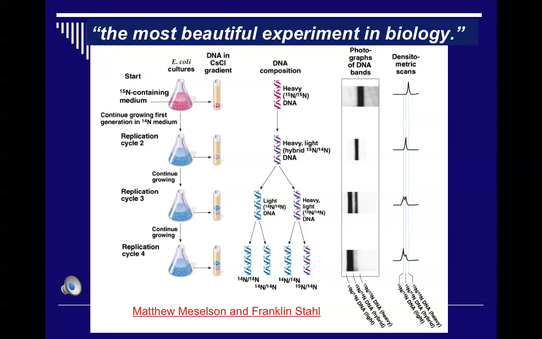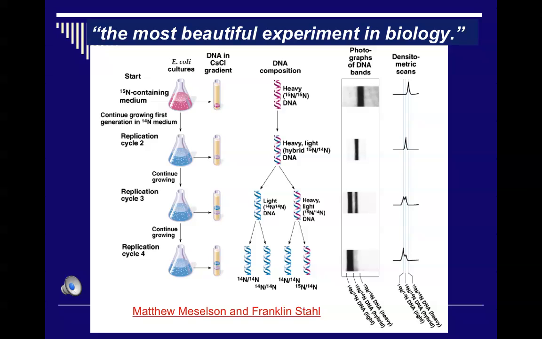We can take photographs of it. That's what the band pattern is. And we can also scan that band with another kind of photographic material or instrument and sort of graphically depict the width and the density of that band of DNA in the agarose gel.